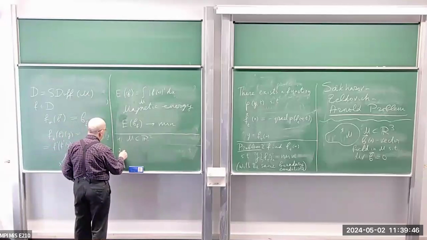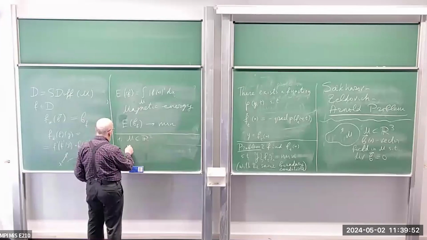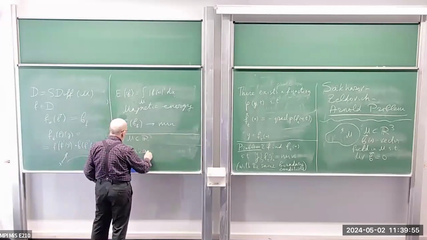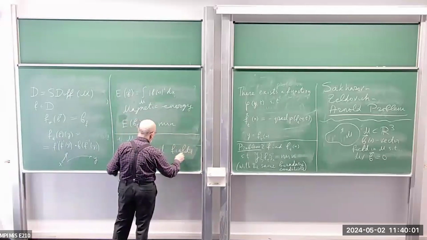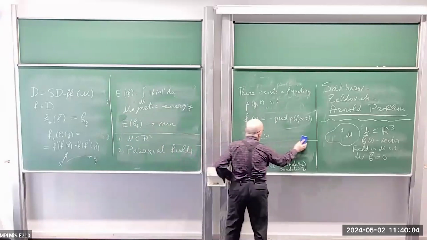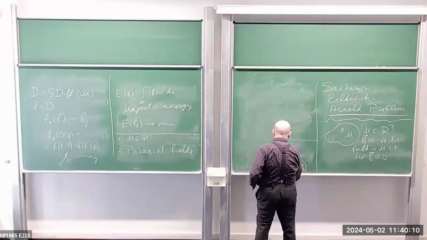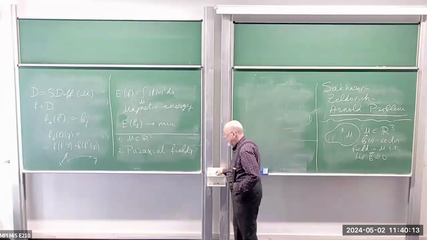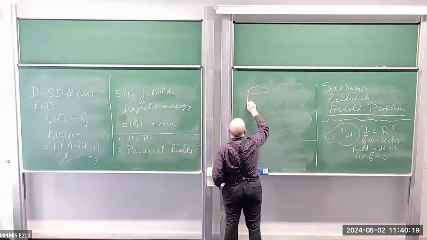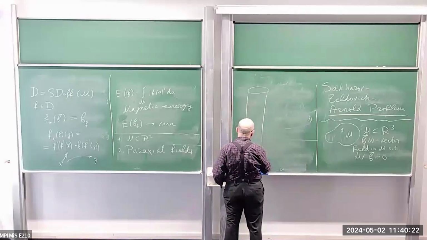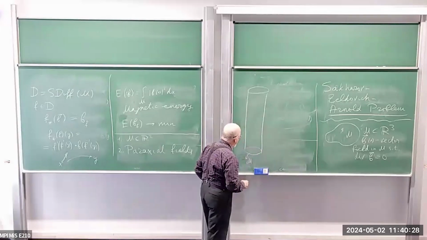And the second result is the following. It can be called paraxial fields. Paraxial means close to the axis. So our domain in this case is a long thin cylinder, with a base M in the plane.